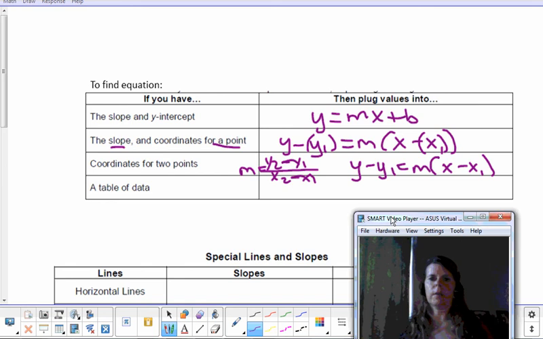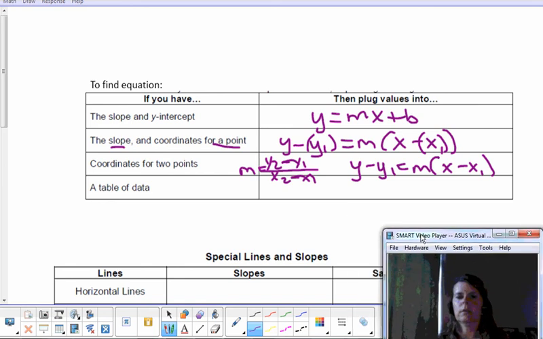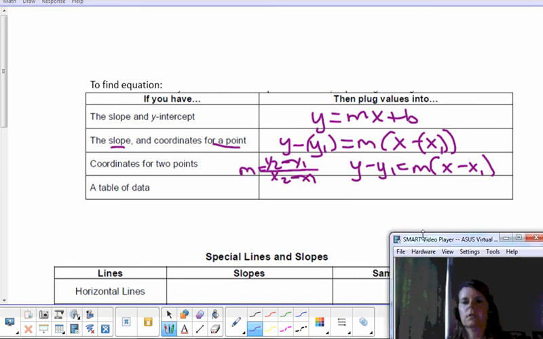Okay, what if we have a table of data? Well, you could see if there's a consistent rate of change or a consistent slope, and then you could use these formulas again. Or it's very common to just find a linear regression.